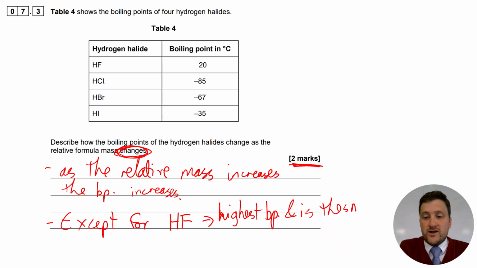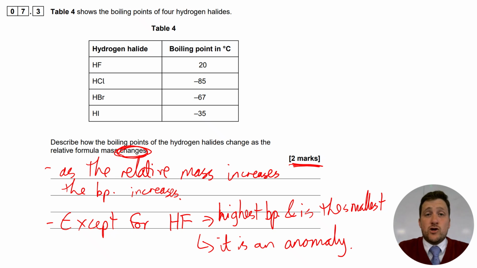Okay, you can say it that way. You can also say it is a favourite phrase, anomaly. It is anomalous, not a result, it's a measurement. So we can't say, oh, just get rid of it, hydrogen fluoride doesn't exist. But it is an anomaly to the general trend of hydrogen halides.